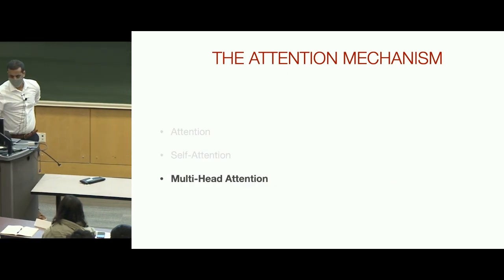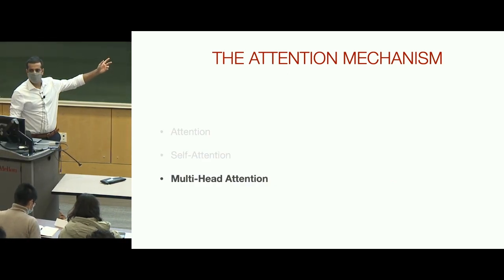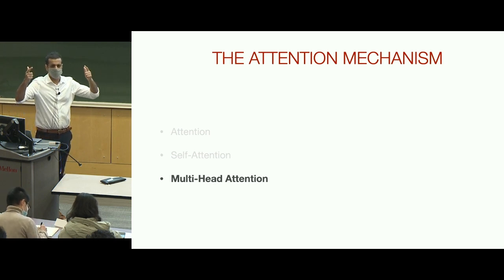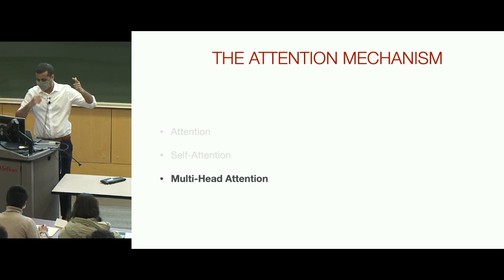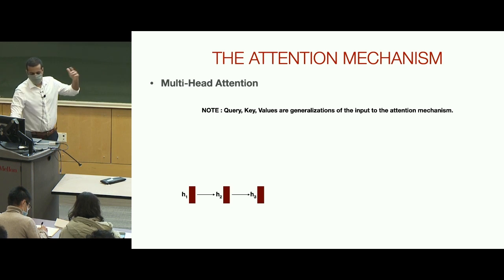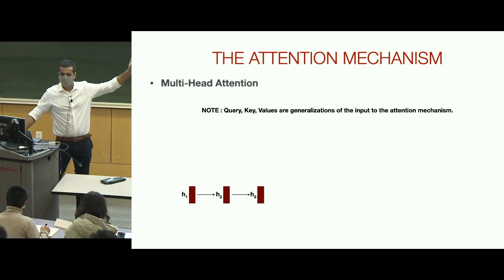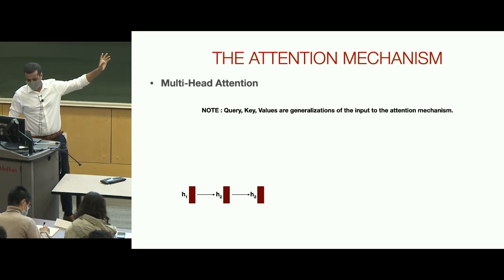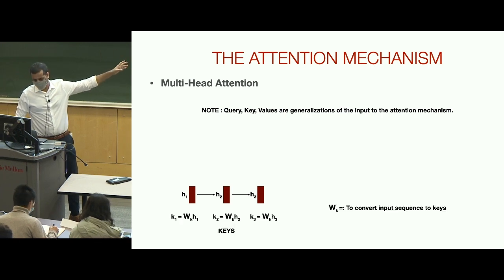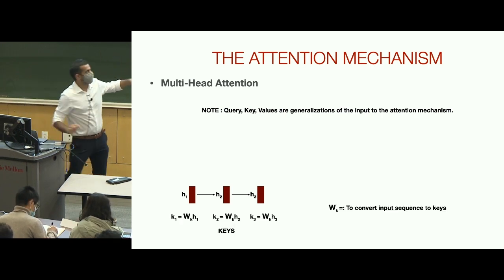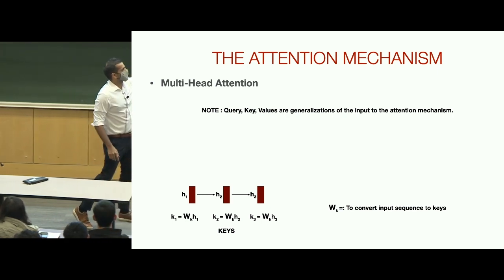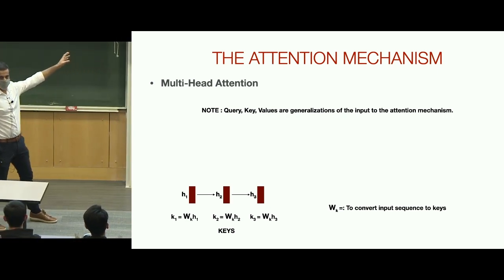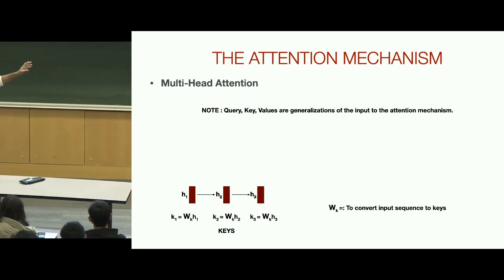Cool. So let's look at what multi-head attention is, and now I think why we're having this distinction between queries, keys, and values will make sense. Starting again with the very same setup, we have a sequence going in with 3 tokens. WK is a linear transformation that converts the input sequence to keys.